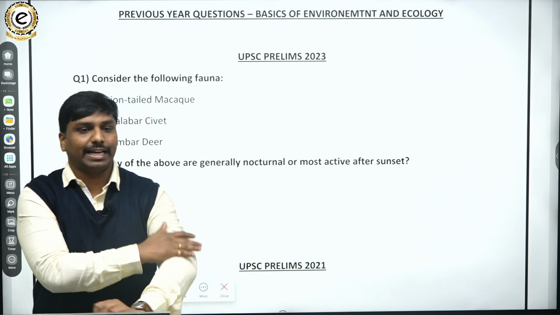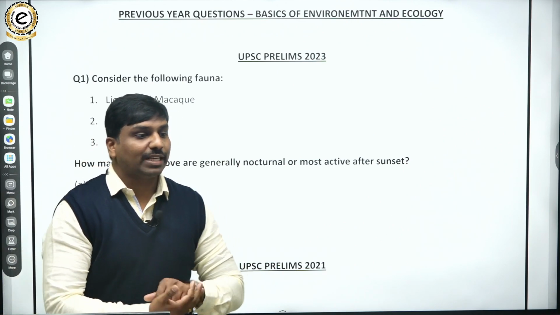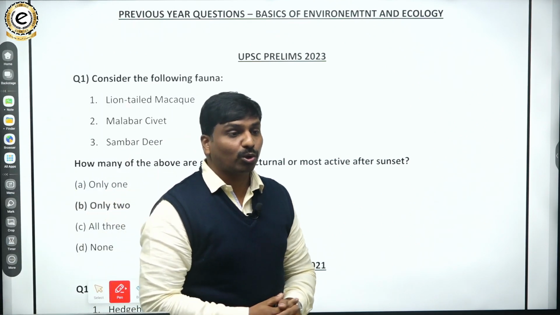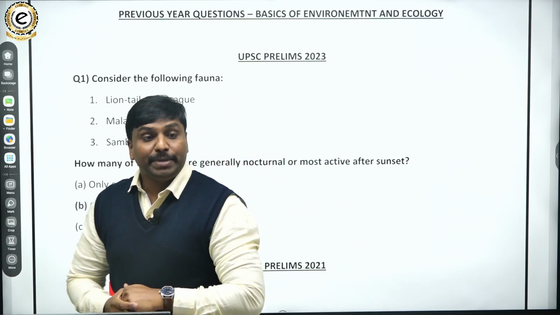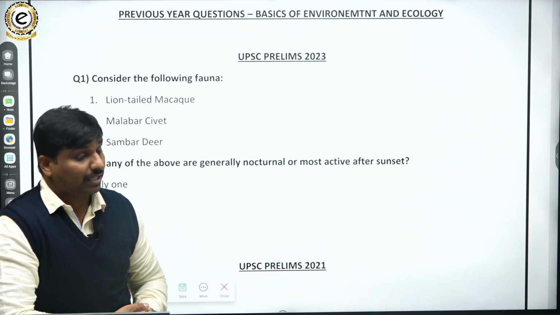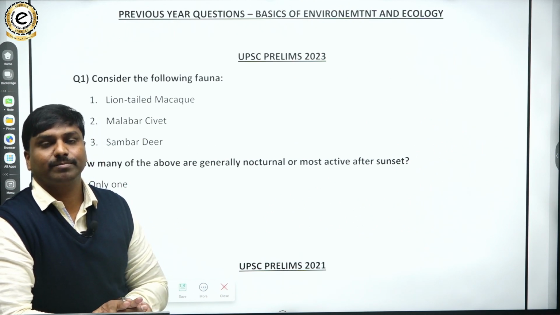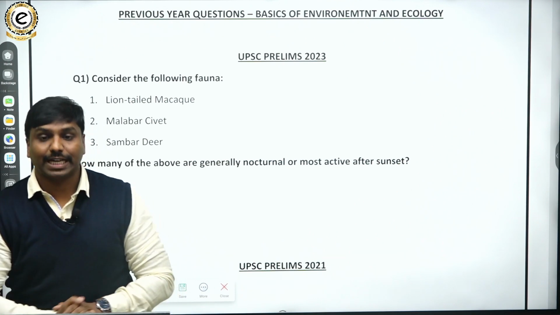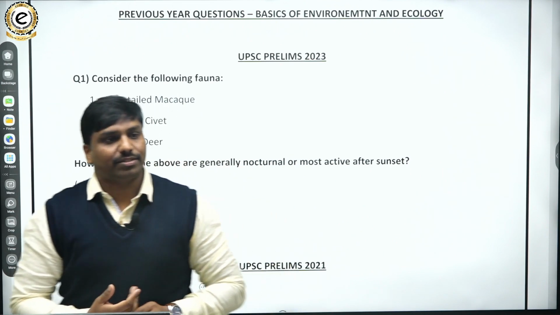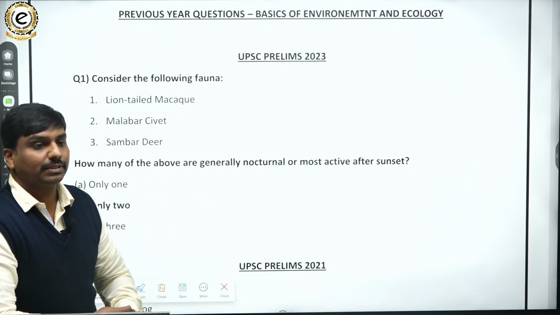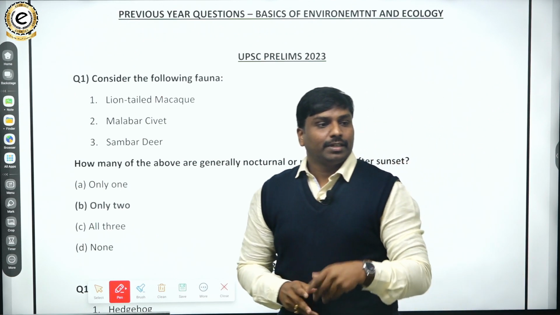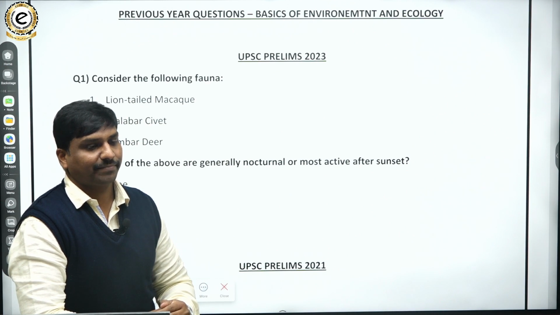Then mention estivating animals. There you write earthworms, frogs, toads, bees, snails, salamanders, tortoises, turtles, crocodiles, beetles, mosquitoes.